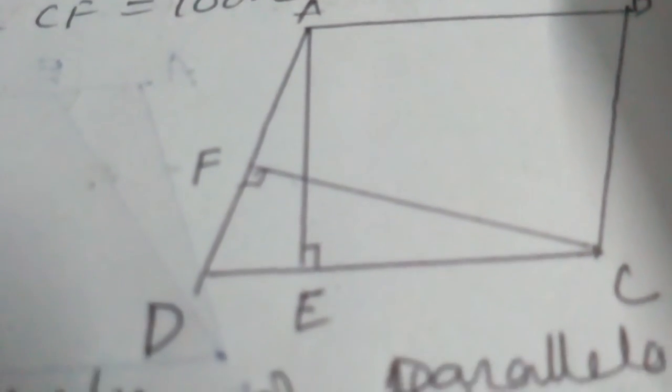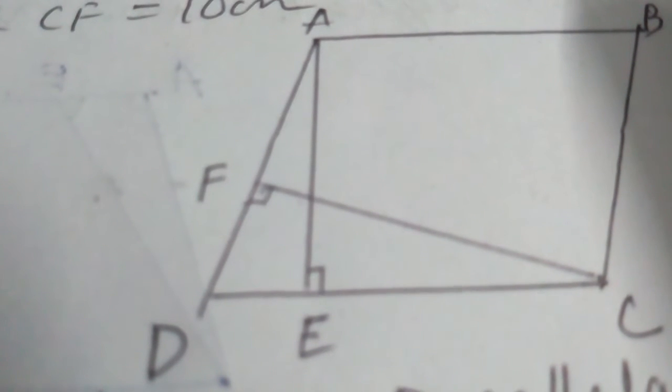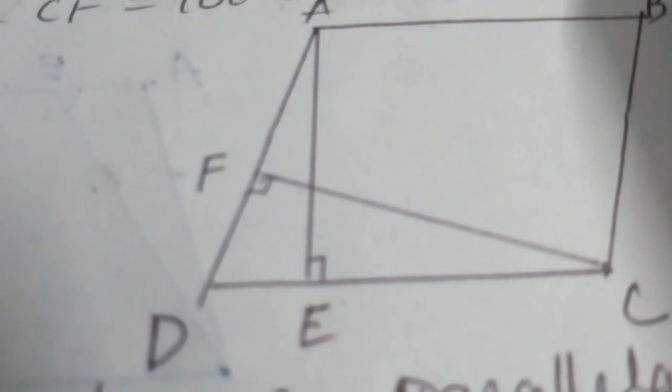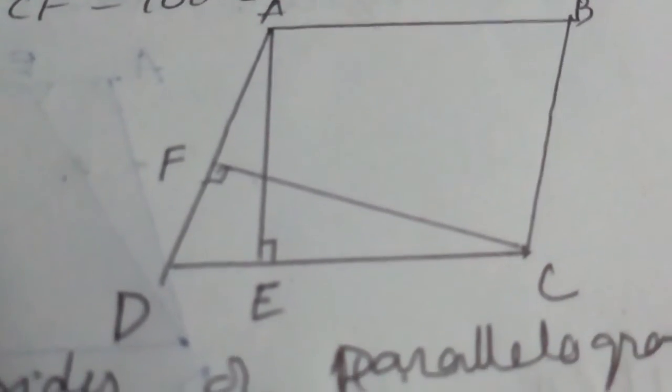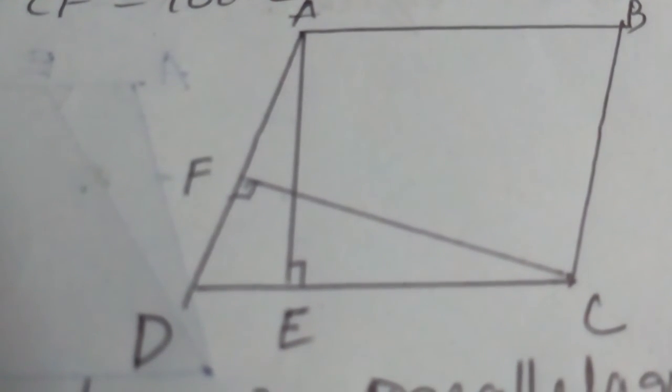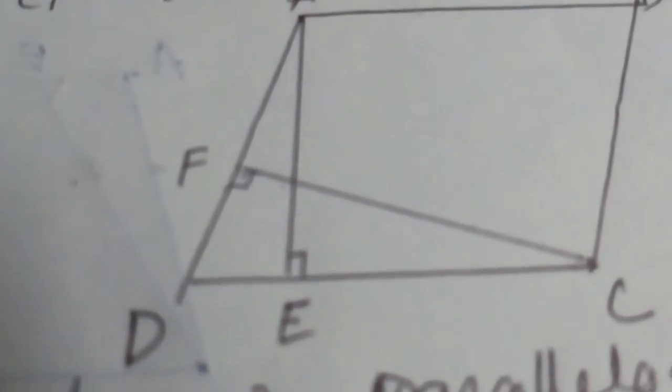Now, taking AD as base, area of ABCD is equal to AD into CF.